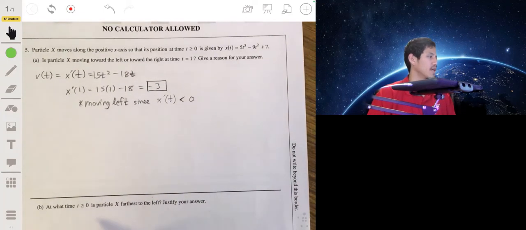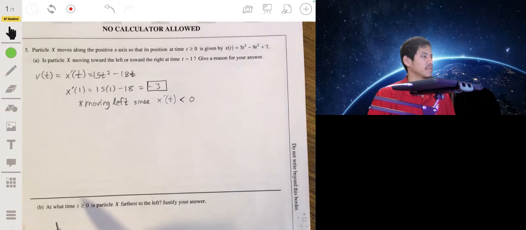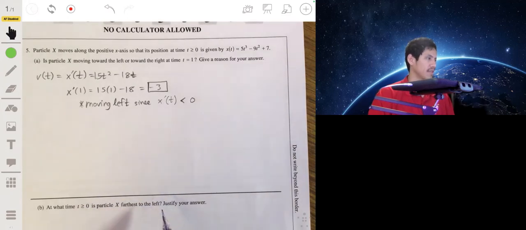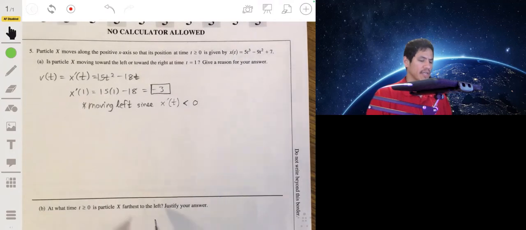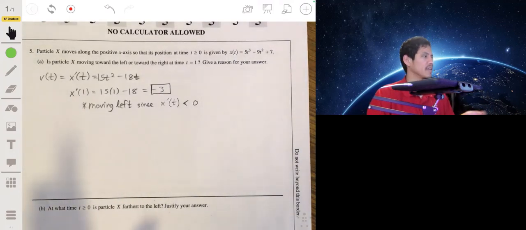Okay, so now, at what time for t greater than or equal to 0 is particle x farthest to the left? Justify your answer. All right, so this essentially is going to involve us figuring out when the particle changes position.